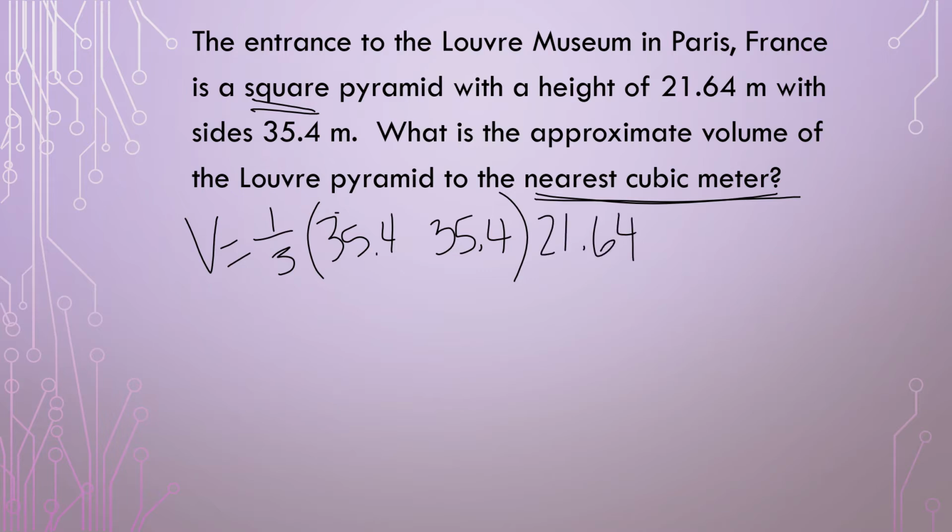Let me get the answer to this here quick. So we have 1 divided by 3 times 35.4 times 35.4 in parentheses times 21.64, which is 9,039.46.